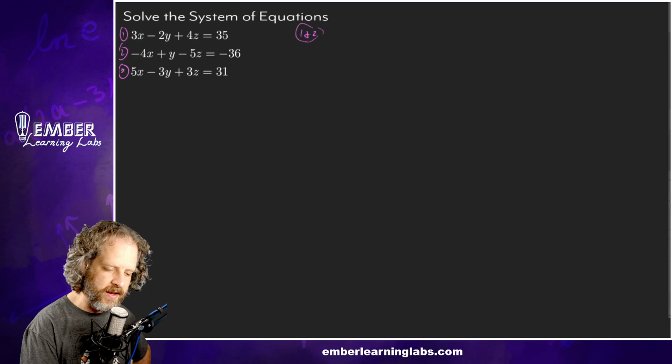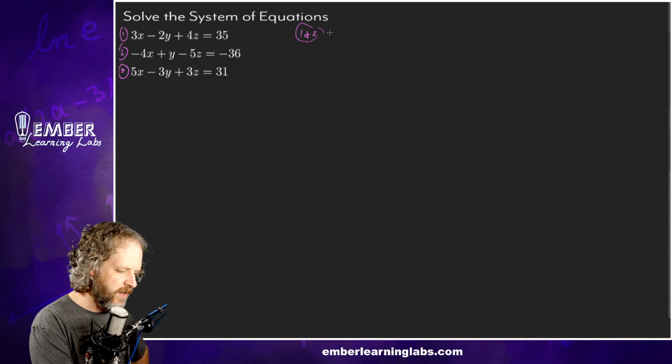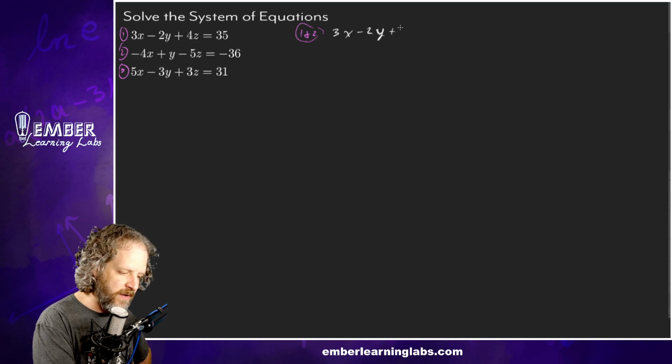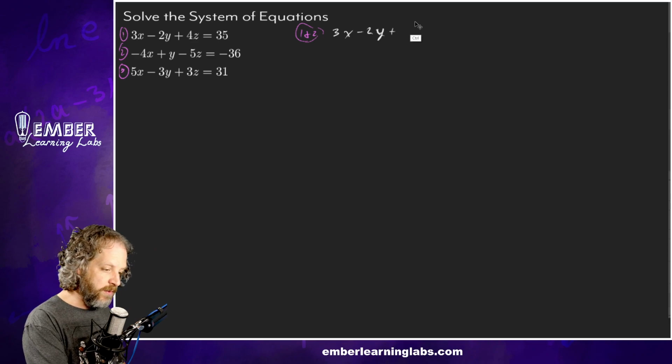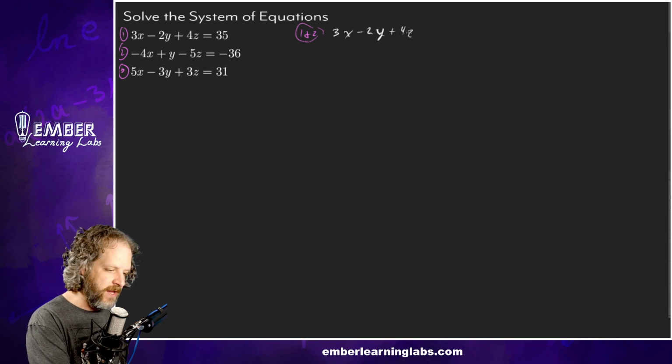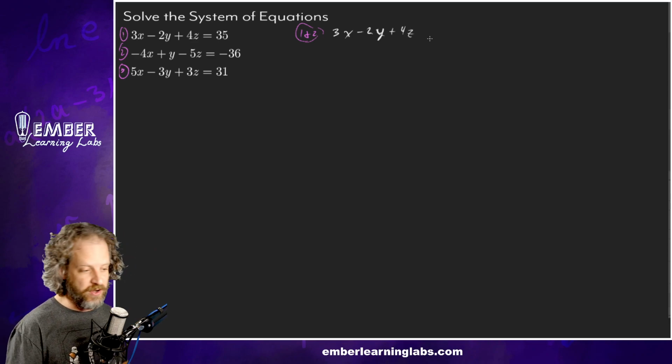So I'm going to rewrite this first one: 3x minus 2y. I'm writing a little bit smaller than I usually do. I'm hopefully going to fit as much of this problem on one page as I can, because it's going to be easier for you to see if it's all together.